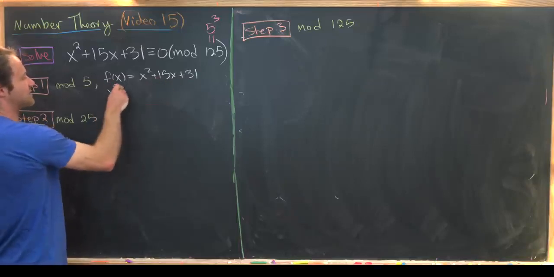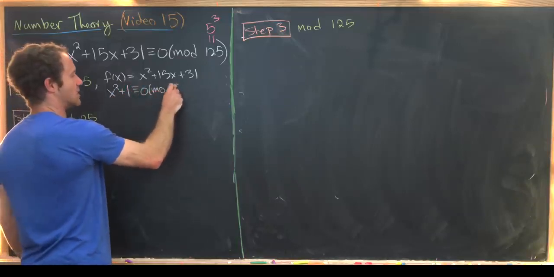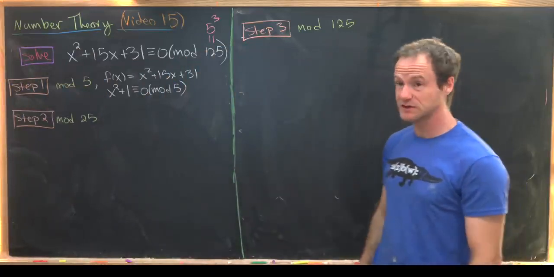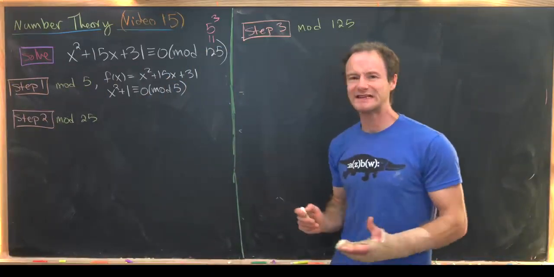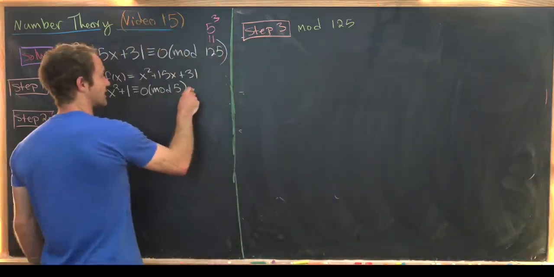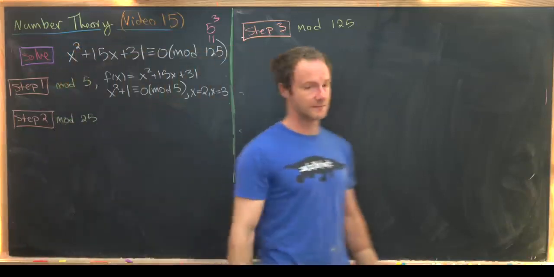So that means we're really solving x squared plus 1 is congruent to 0 modulo 5. And there are exactly 2 solutions to this, which you can easily guess and check because 5 is a fairly small number. So here we have x equals 2 or x equals 3.